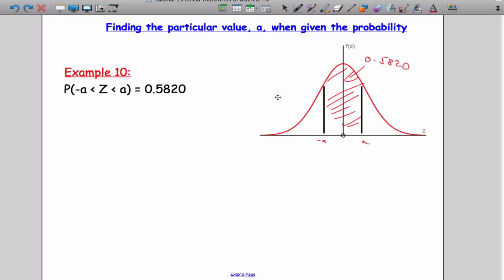Now, because I know that to the left of the 0 and to the right of the 0 it's symmetric, that means that they each have half of this total area.